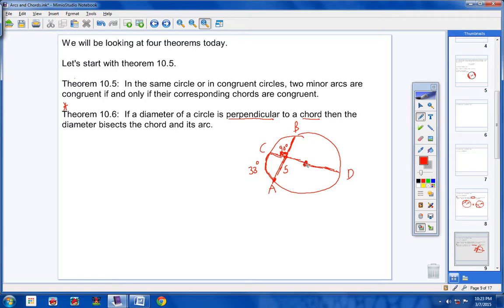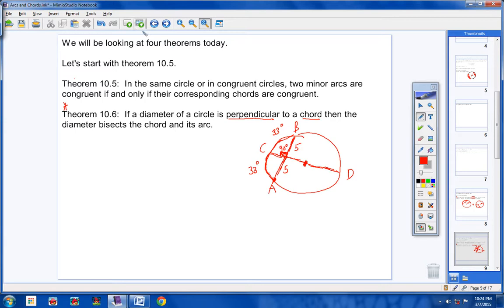Well students, as soon as you know that this diameter is perpendicular to this chord, then you know if this segment here is 5, then this segment right here also has to be 5, okay? And if arc AC is 33, then you know arc CB also has to be 33 degrees, and all that comes down to one fact: if your diameter is perpendicular to a chord. Got it? If your diameter is perpendicular to a chord, then the diameter bisects the chord and its arc both.